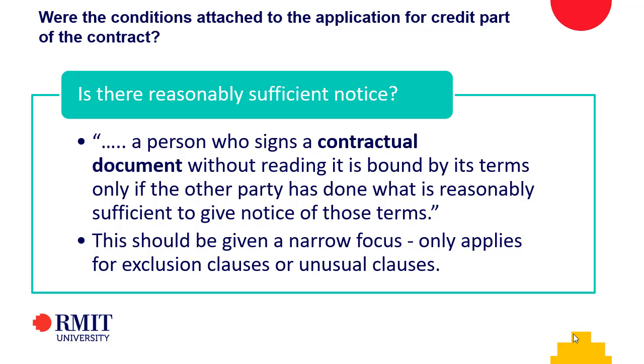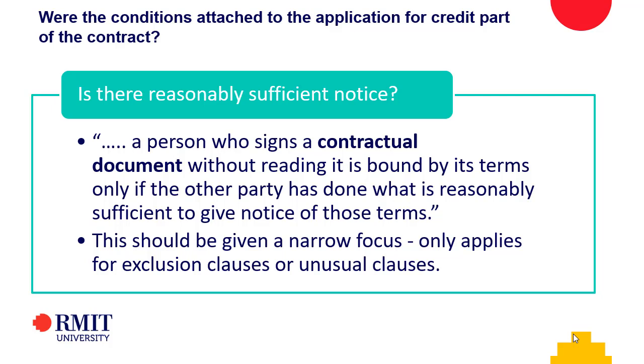If you are going to incorporate terms in a contract and those terms are not part of a document that looks and feels like a contract, and an application for credit isn't a contract as such, it's a credit application form, so it might not look like a traditional document.